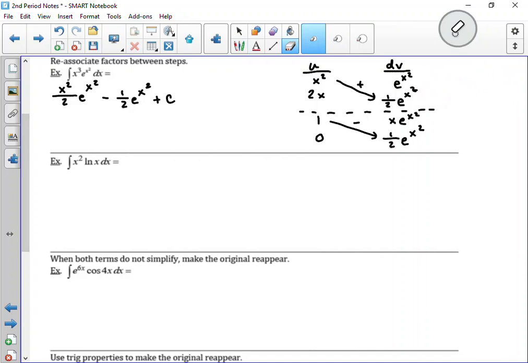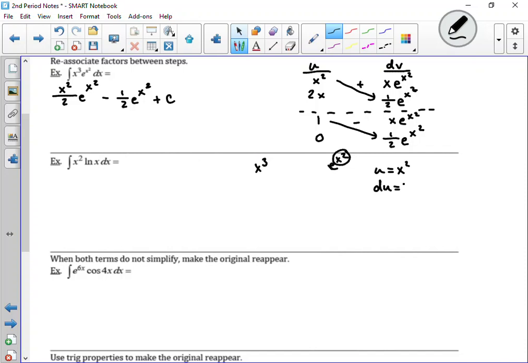I also wanted to ask again why we couldn't just integrate the way it was before. Which one? U being x cubed? But you can't integrate e to the x squared, because x squared is inside of e. If I have u as x squared, du is 2x, and I don't have the x to get rid of.